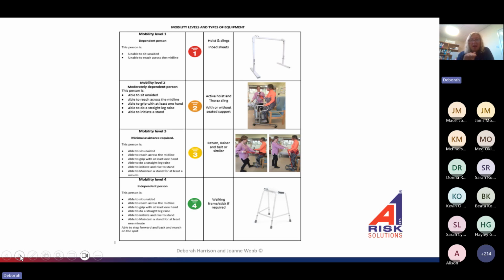Mobility level 3, and the pictures that are in there can obviously be swapped out for pictures of the type of equipment that you're using. The reason we've got these pictures is because this was the equipment that Forth Valley was actually using as part of their proportionate care rollout.